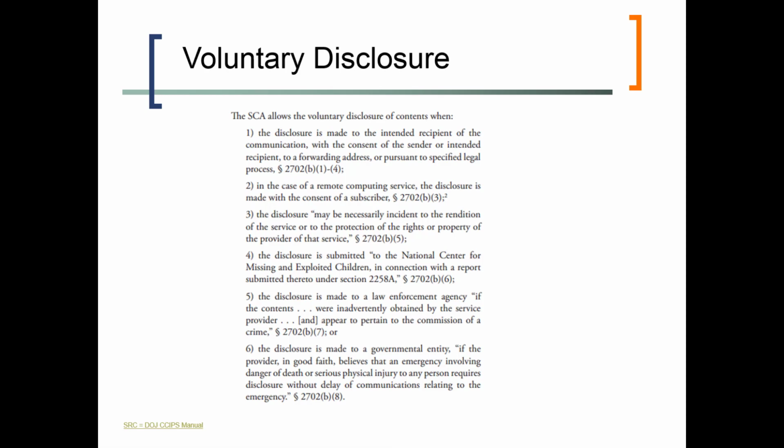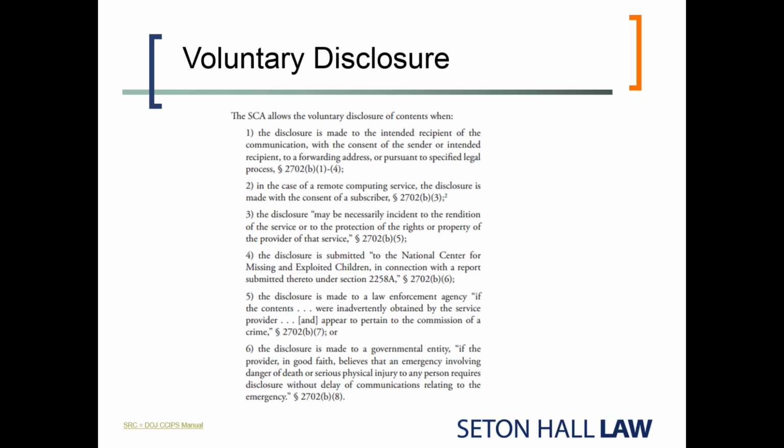Information inadvertently obtained by the service provider and relating to the commission of a crime, a relatively narrow category. And then the final category, in good faith, there's an emergency involving danger of death or serious physical injury. If there is a case of possible suicide, and a person sends an email or posts something to social media saying, I'm going to go jump off the bridge right now, that's where this provision will kick in.